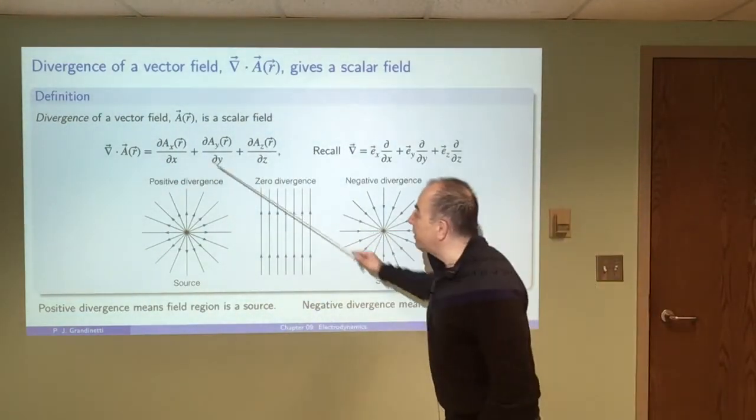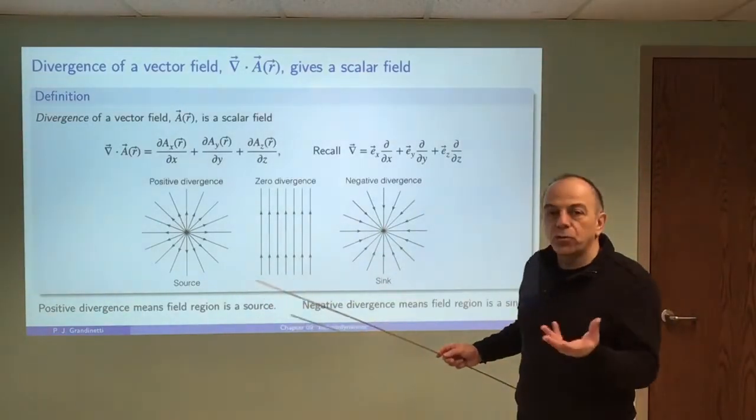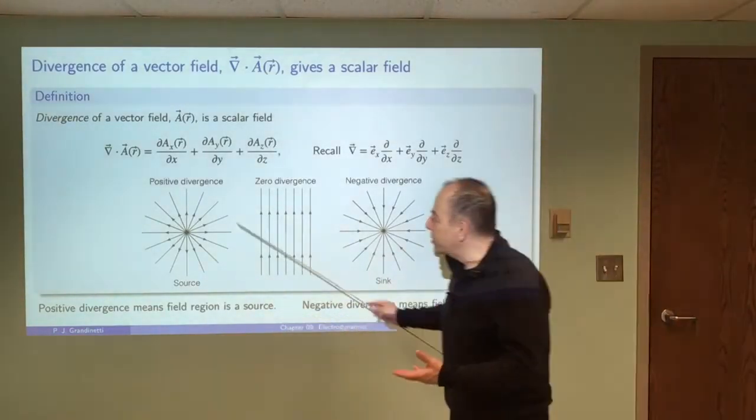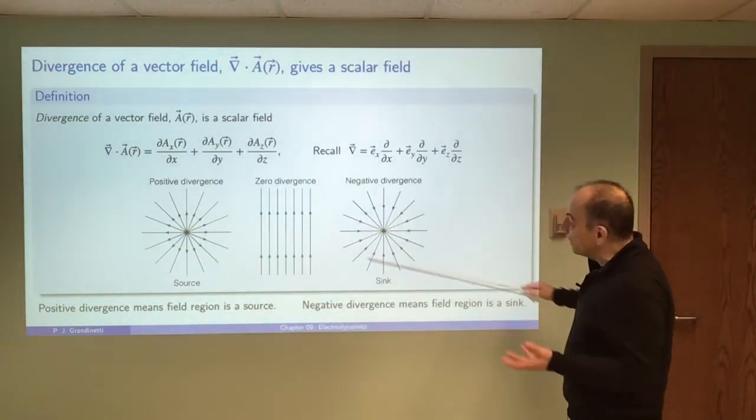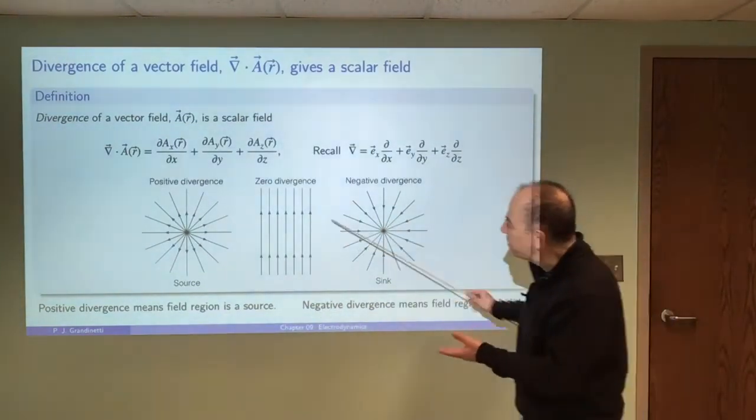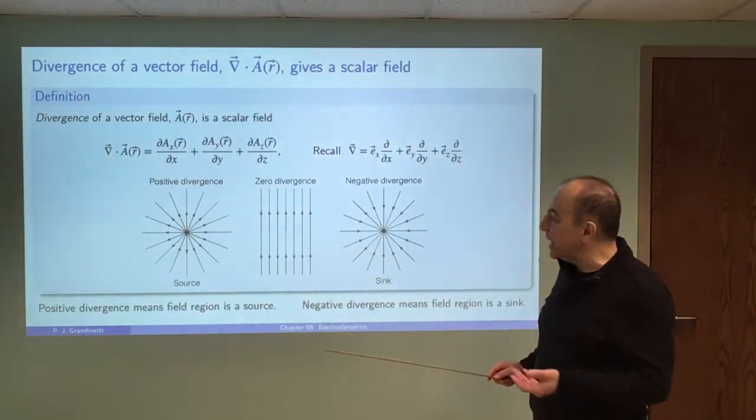And what that number does is it tells you whether certain regions of space are regions of what we call positive divergence, or negative divergence, or convergence, or a region where there's no divergence at all.